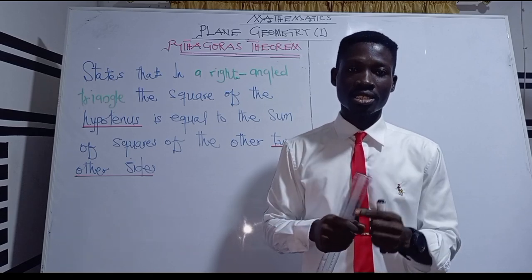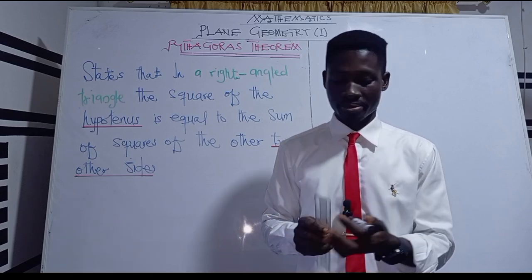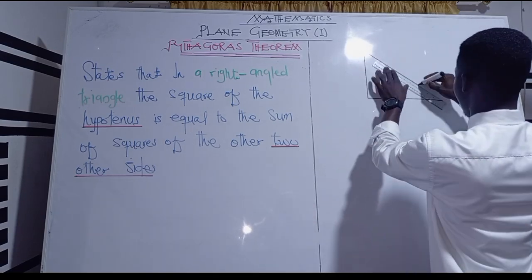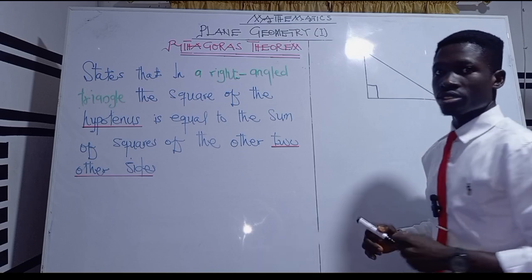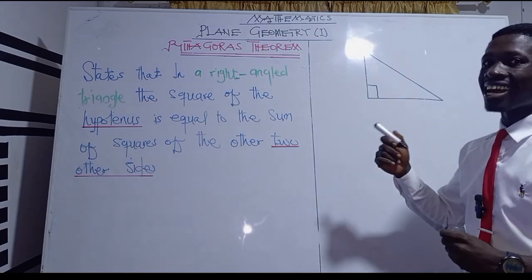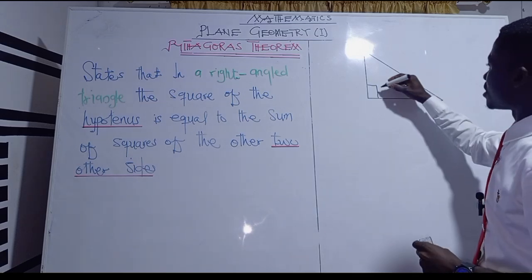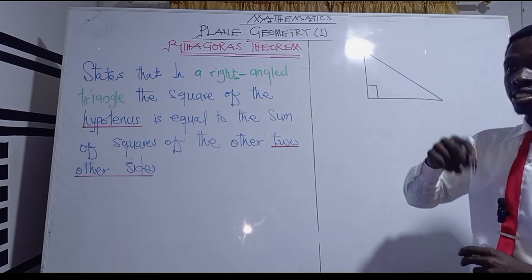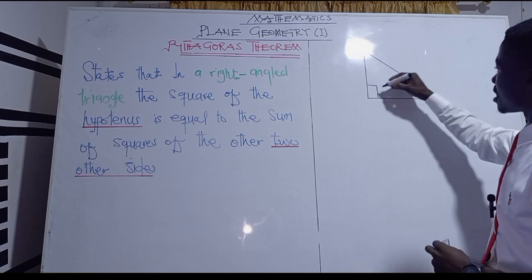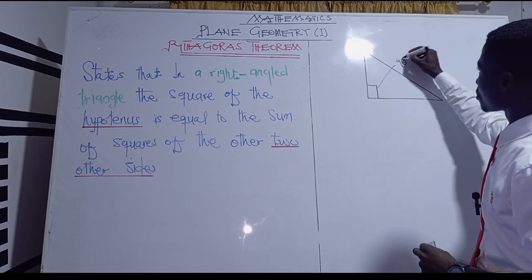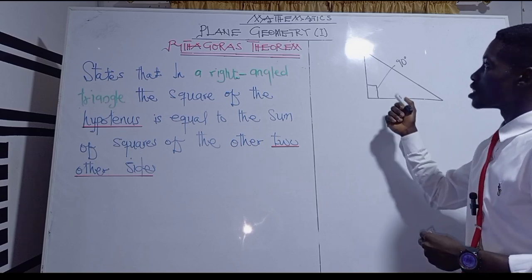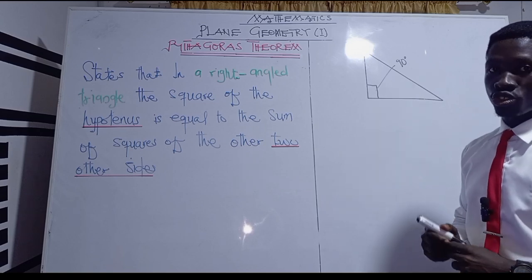If you've forgotten, let me remind you small. So this is our right angle triangle because of this very symbol. It is a triangle with one of the angles being equal to 90 degrees, and this side is equal to this 90 degrees. So this is what we are going to use on Pythagoras theorem.